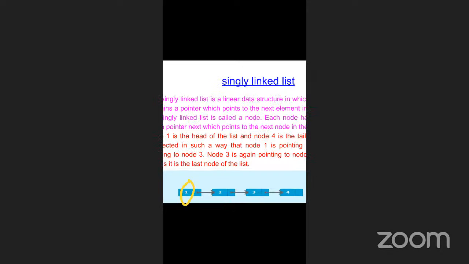This is node 1 and this is the address box, pointing to node 2. Node 2 is pointing to node 3, and node 3 is pointing to node 4. So it points in a single direction from the starting node to the ending node.